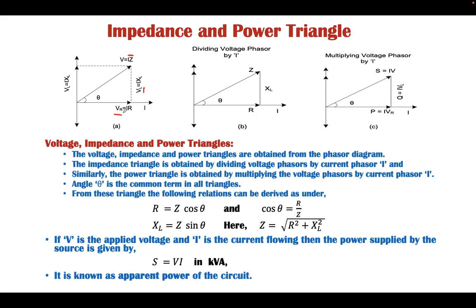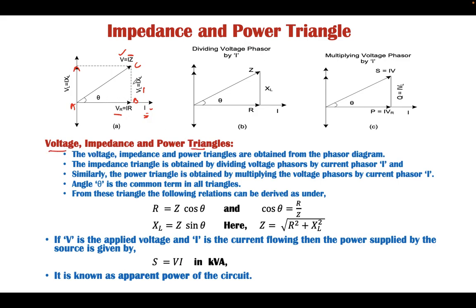If we consider the phasor of VR in the same phase with I, the phasor of VL is 90 degrees out of phase with I, then the resultant value V is the phasor sum of these two quantities. Considering this triangle with vertices A, B and C, this triangle is nothing but the voltage triangle.